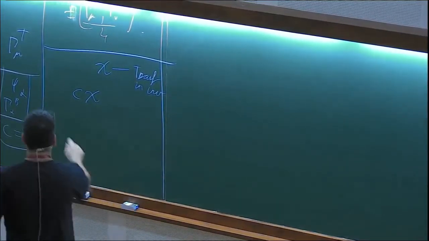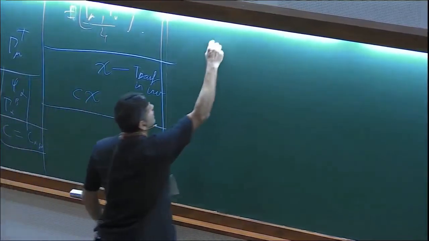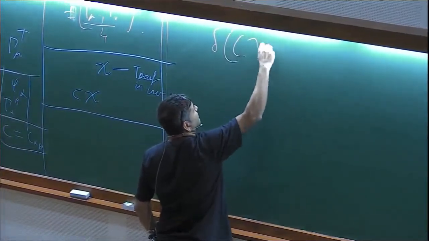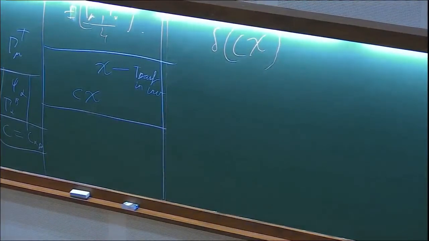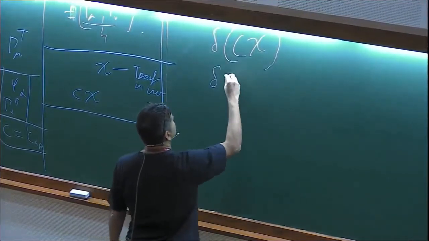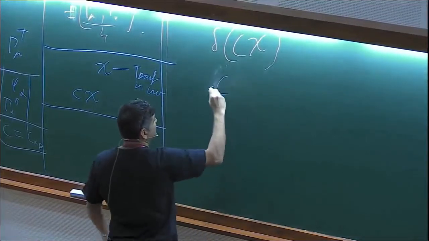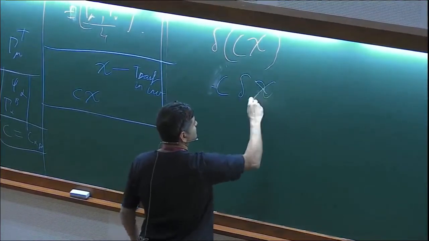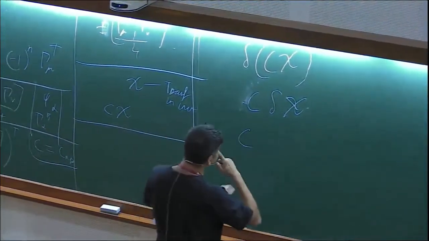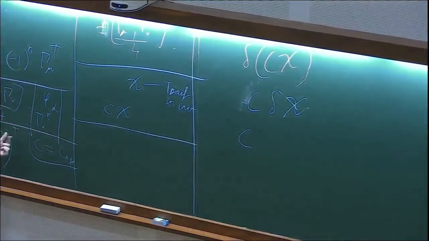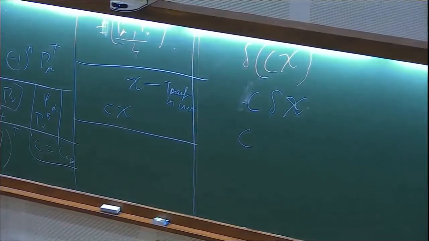In order to show this, I want to compute delta of C chi, how this changes under an SO(D) transformation. C doesn't change, of course, so it's C times delta of chi. But by definition chi transforms with this generator.